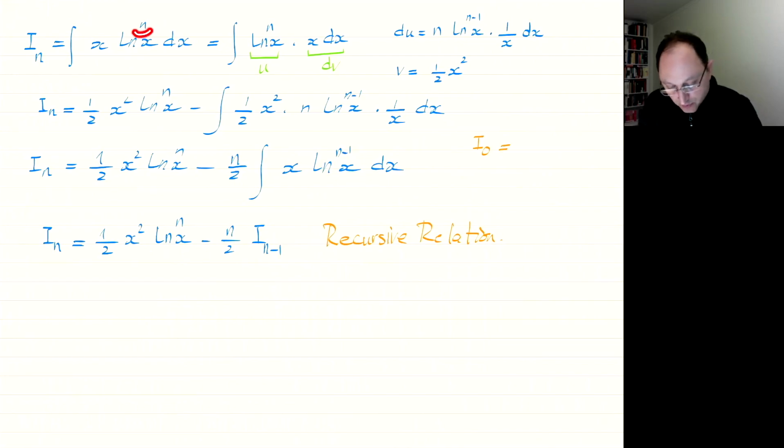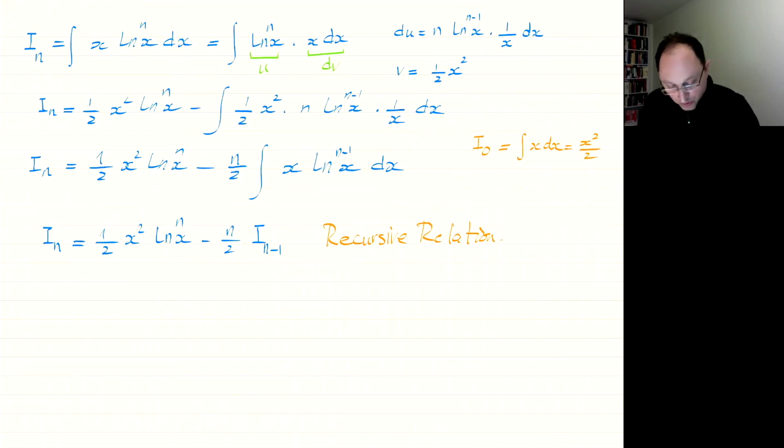I replace n with 0, ln of x to power 0 is 1, and then I get x dx. So this becomes the integral of x dx. When I was doing the first step, I was assuming that n is natural, but because of this n over 2 here, I think we can still do that. Let us test our chance. So this becomes x squared over 2.